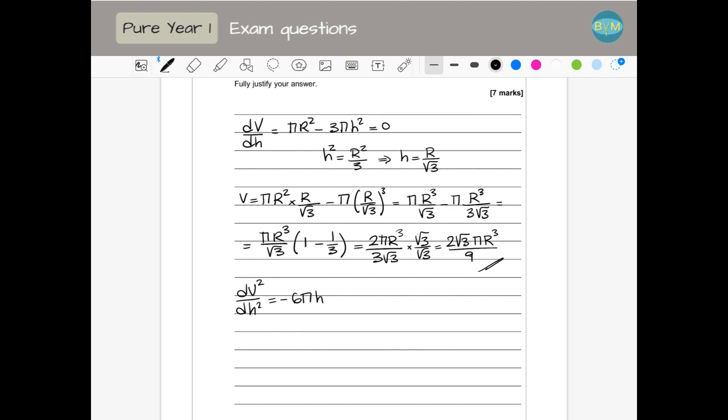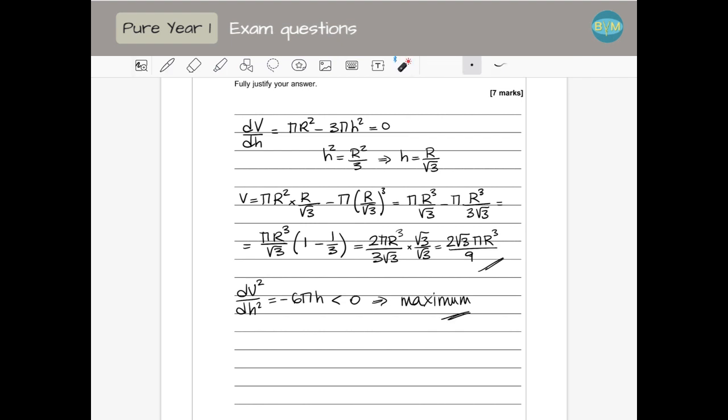And when we substitute this value of h, the expression is going to be negative, because h is a distance and is positive, so this is going to be less than 0, which means that it is a maximum. And that's the only thing that we need to do to check, yeah.